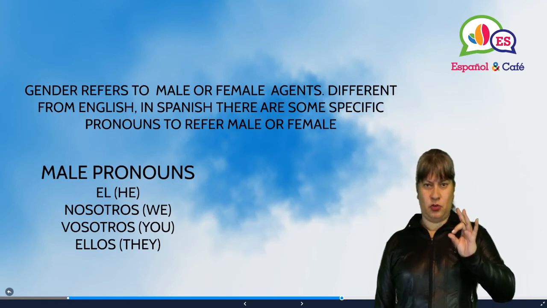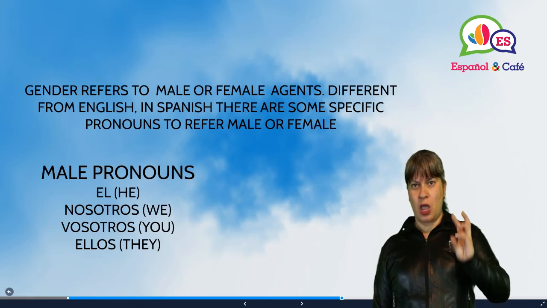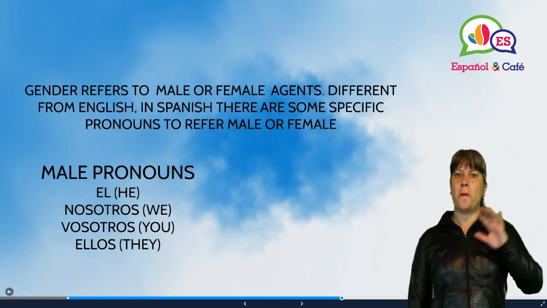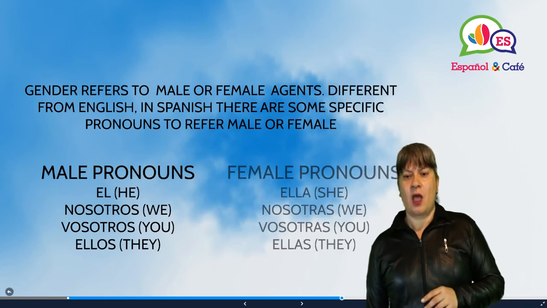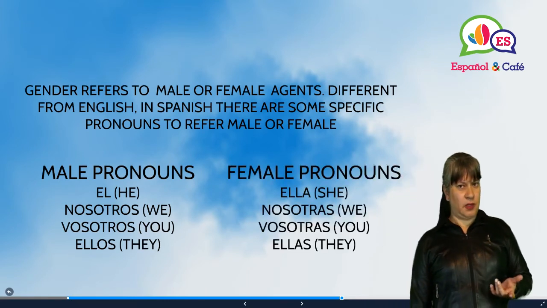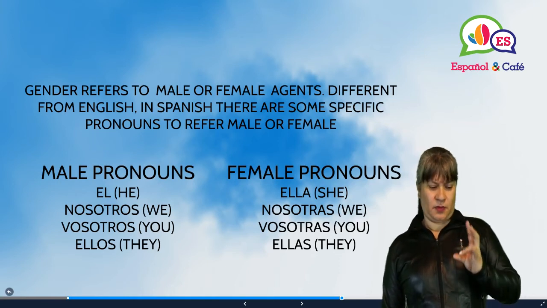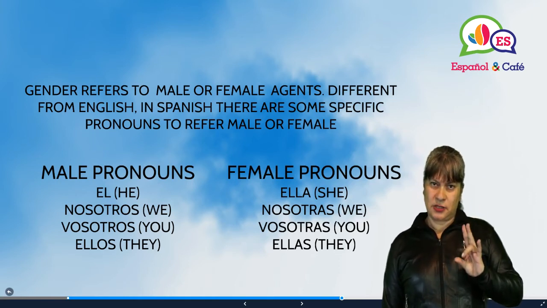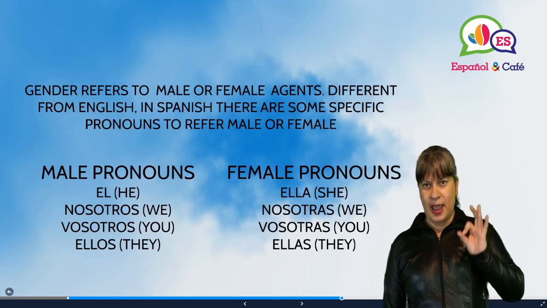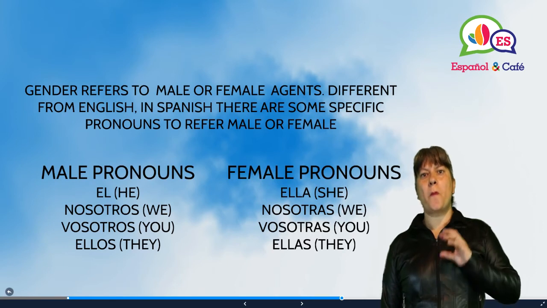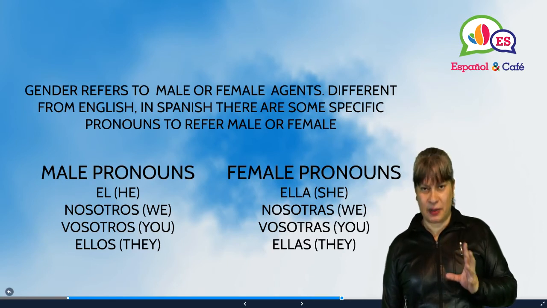Él, nosotros, vosotros, ellos. These four pronouns refer to male nouns. And what about female? In the female case, we have ella, nosotras, vosotras, ellas. These four pronouns refer to female nouns.